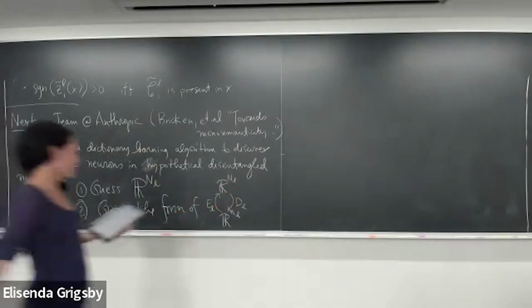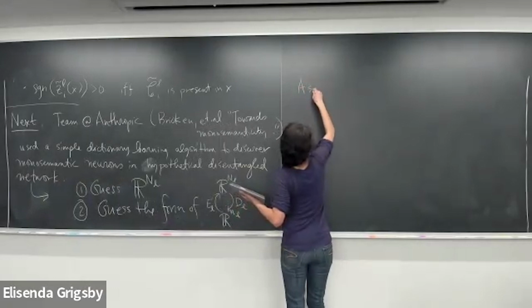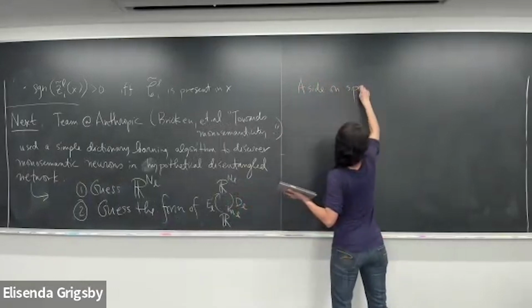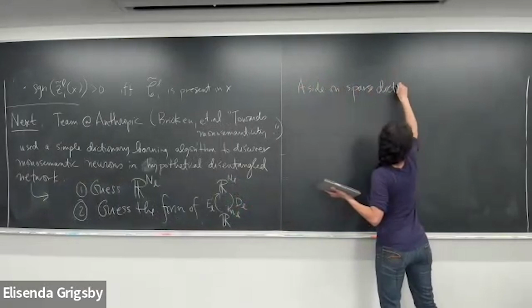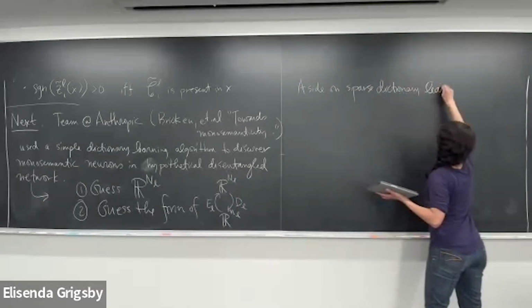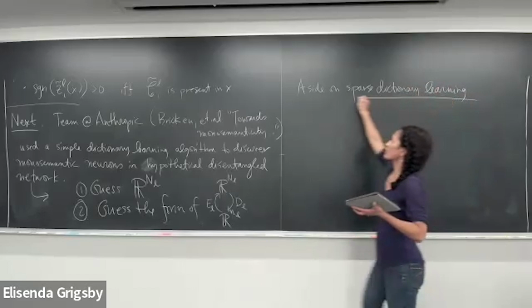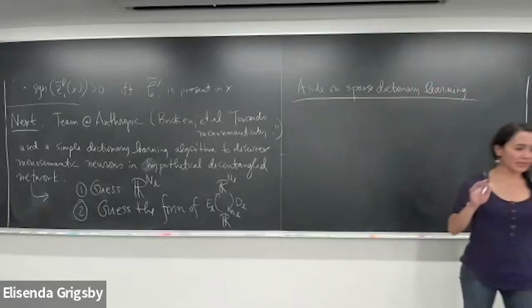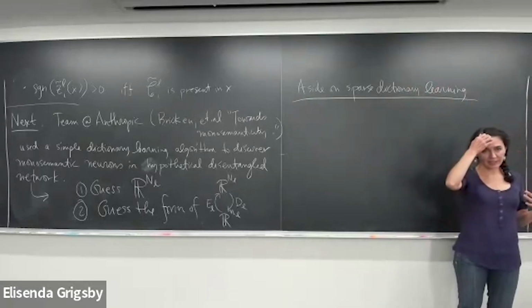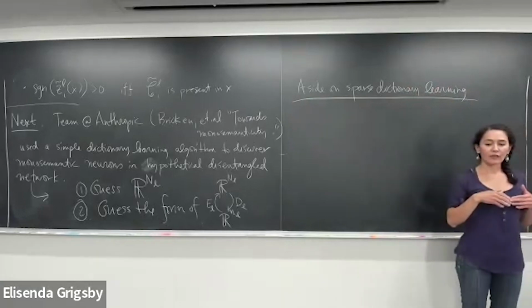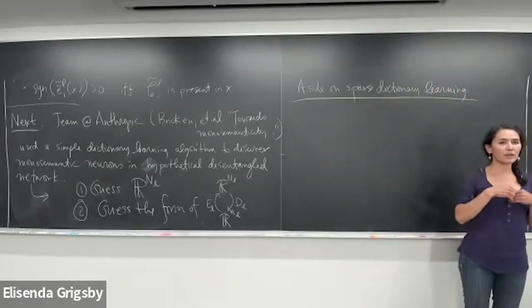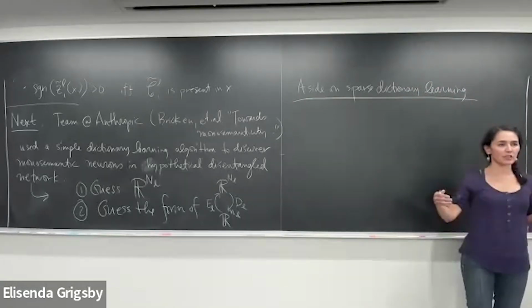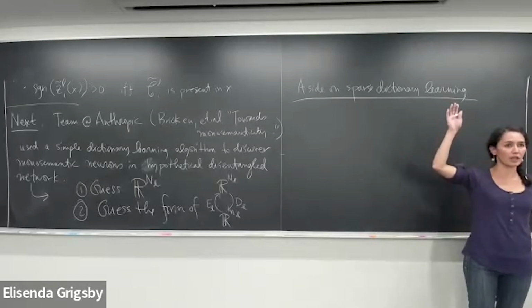Okay, but let me first give you a little aside on sparse dictionary learning. I think I failed to say something before that was actually fairly important. For any given computation, the number of concepts that you will probably be using is actually small with respect to the total number of concepts.